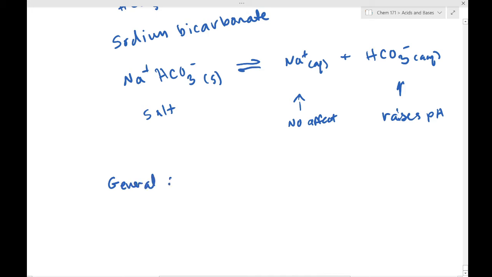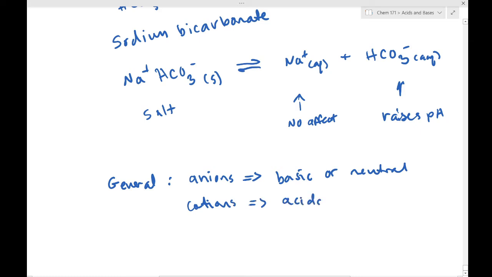In general, anions tend to form basic or neutral solutions, and cations tend to form acidic or neutral solutions. So anions, if they're going to form any sort of non-neutral pH solution, it will be basic. And cations will form acidic or neutral.